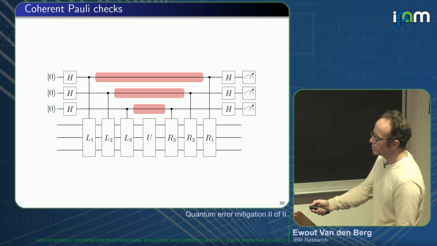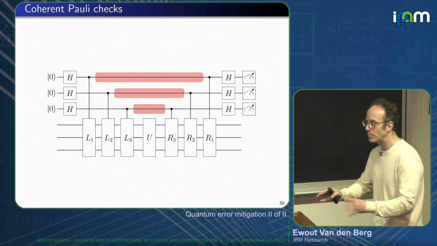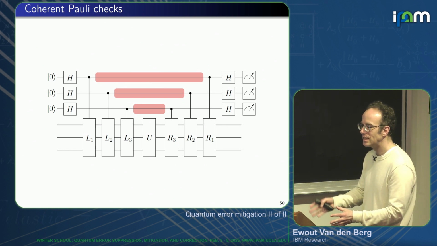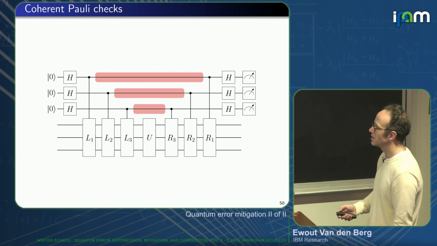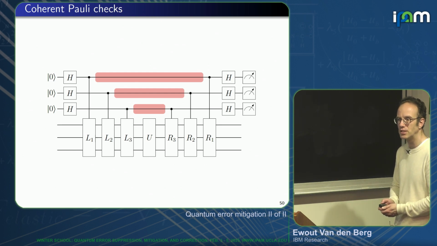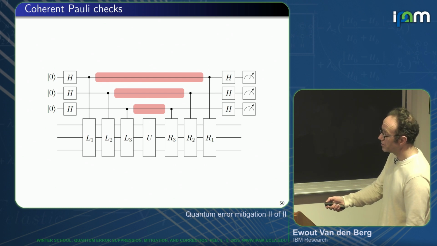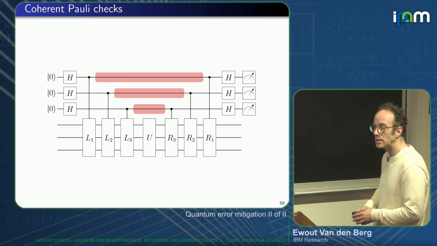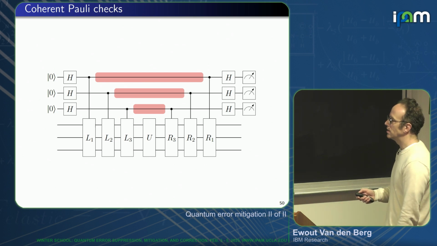Between these checks, this qubit is just sitting there doing nothing. You can apply dynamical decoupling, maybe make things a little better, but it's just sitting there decohering, and that will affect this approach. So this is one of the downsides of this approach.